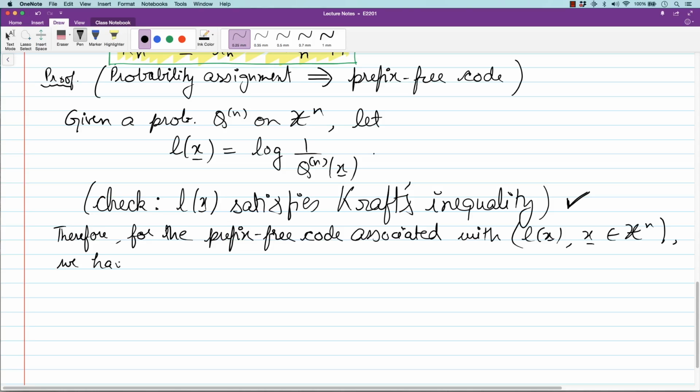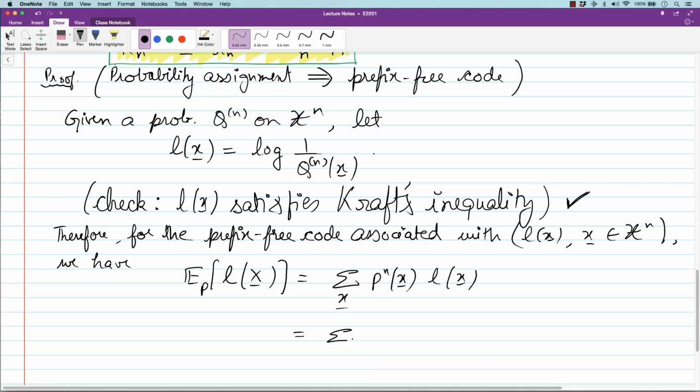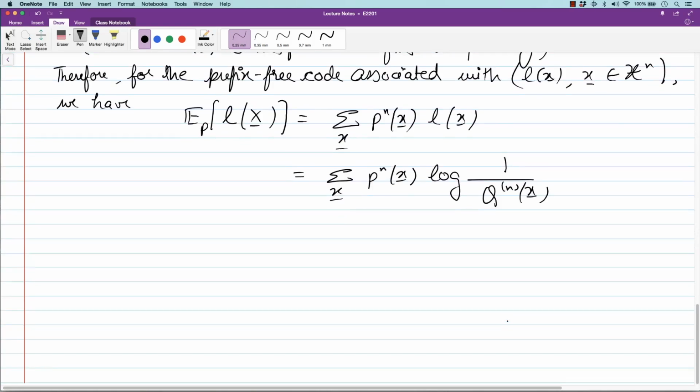So for this prefix code, what's the average length, the expected value of L(x)? Let's look at the average length of this prefix-free code under P when the symbols are drawn IID from P. That's equal to summation over x of P^n(x) L(x), which can be written as summation over x of P^n(x) log of 1 by Q^n(x).